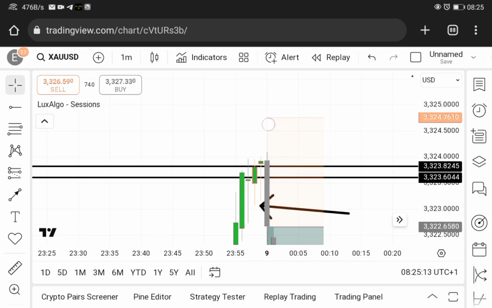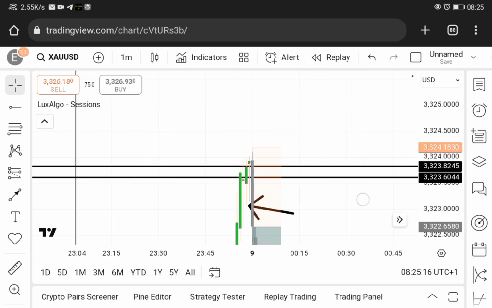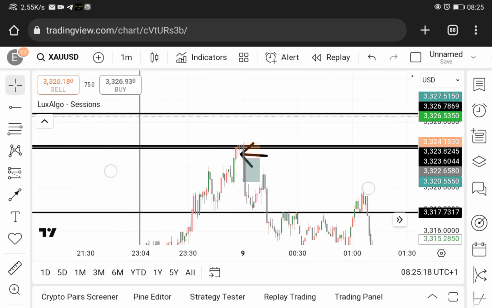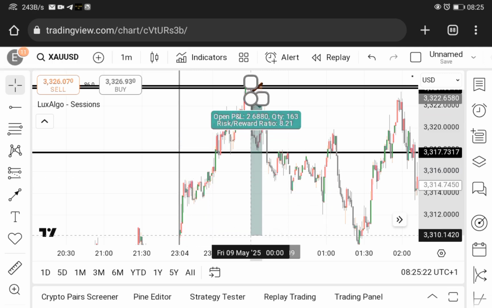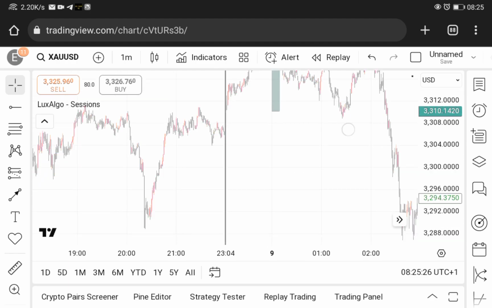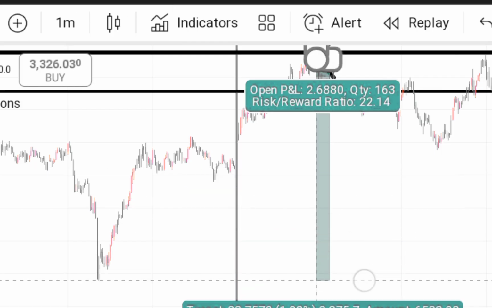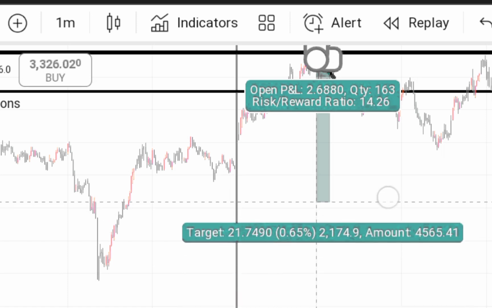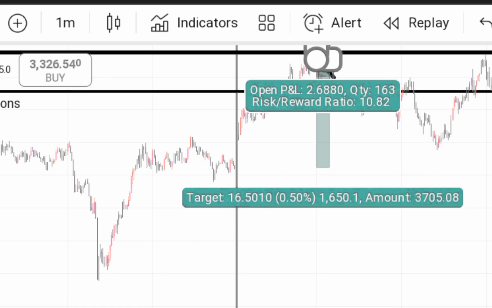Our stop loss has to come a bit above that zone, and we go for our 1:10 or our 1:15. Okay, we had a low right there. That low gave us 1:22, but our 1:10 is right there.